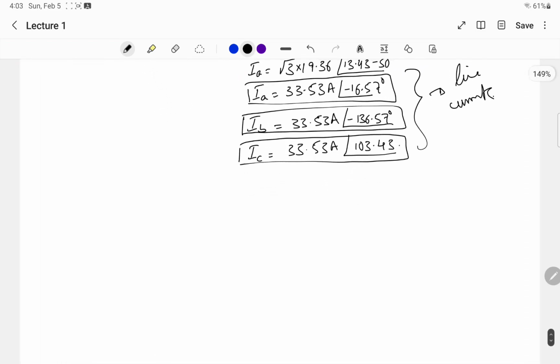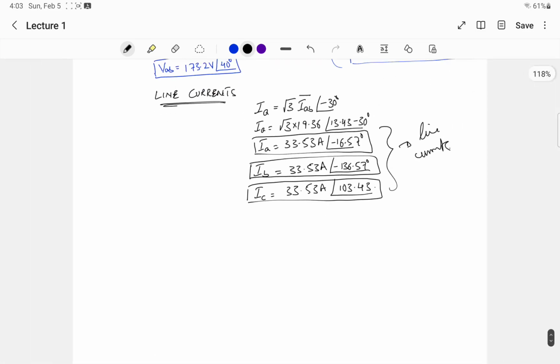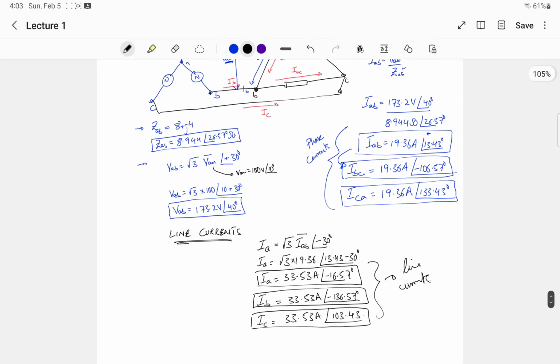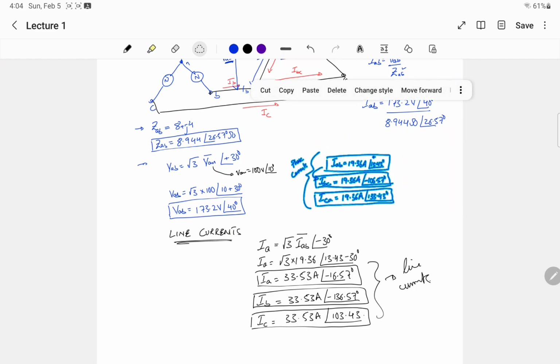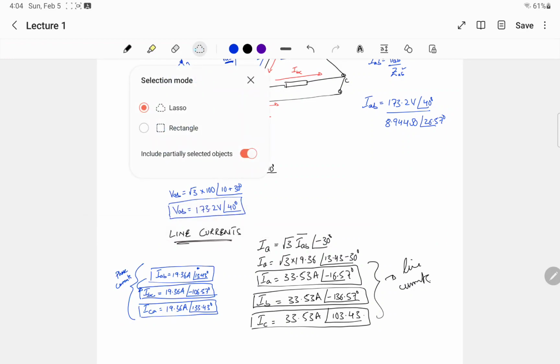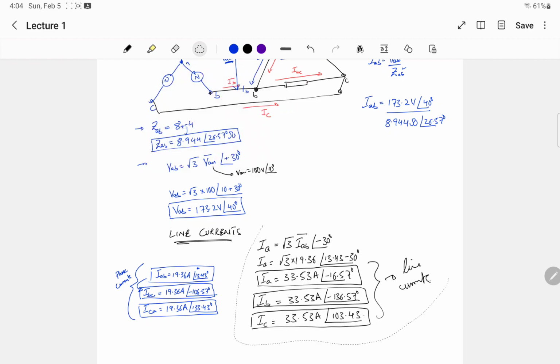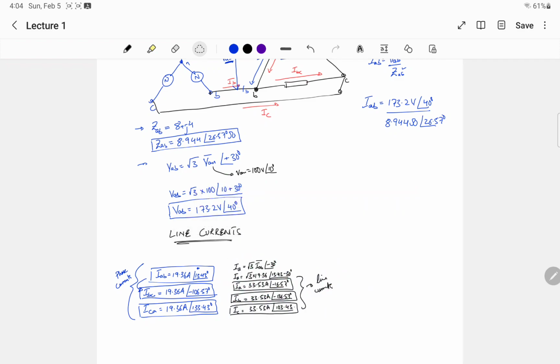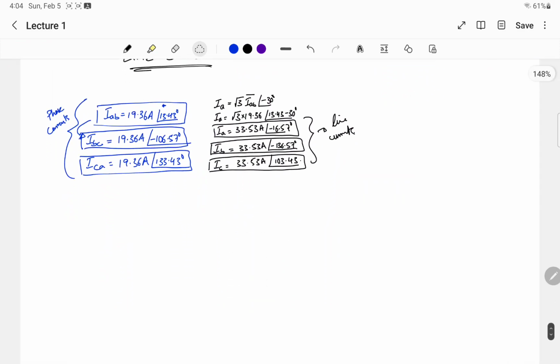Let's try to draw the phasors. And what I'll do is I'll bring this here. Let's try to draw the phasor diagram of this.